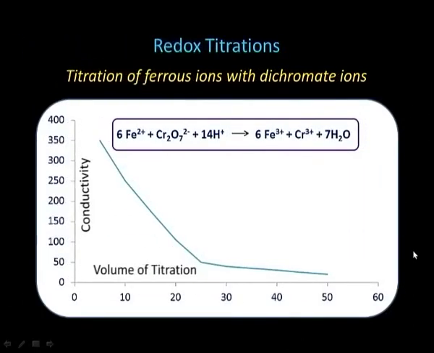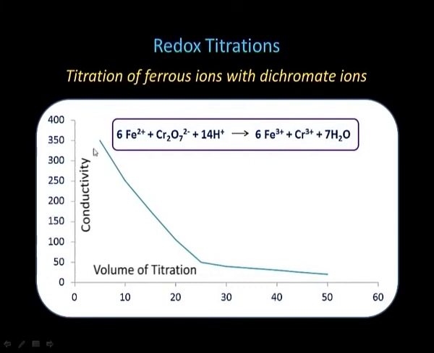Let us now consider a redox titration, that is titration of ferrous ions with dichromate ions. The basic reaction involved here is 6Fe2+ reacting with Cr2O7 2- plus 14H+ giving 6Fe3+ plus 2Cr3+ and 7H2O, that is ferrous is changing to ferric.